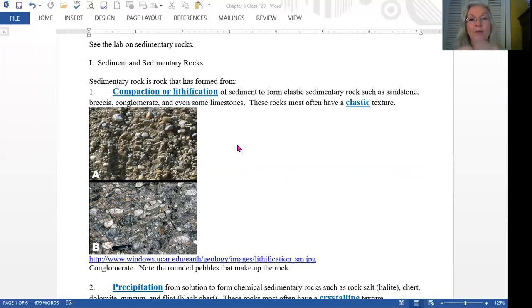When the water evaporates, the calcite acts as a natural glue to hold it together, but other minerals can also act to glue it together. It does not have to be calcite, but typically these will be made out of rounded pebbles if they're to be a conglomerate. If the pebbles were sharp and angular, it would be breccia.